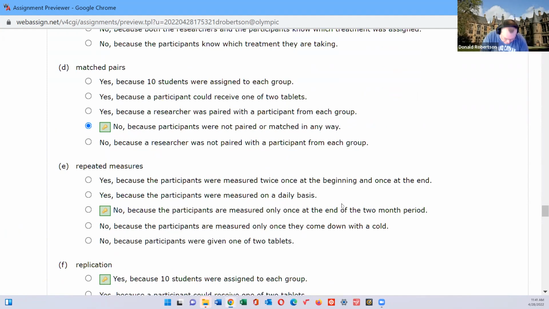A repeated measure would be, whatever you did, let's do an experiment where it would be a repeated measure. You wanted to find out if drinking alcohol impaired your coordination, right? A quick way of doing that is, do you know they have a light and you press a button when you see the light?